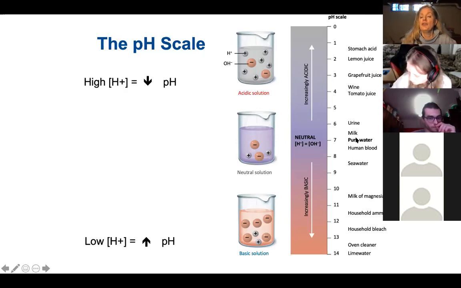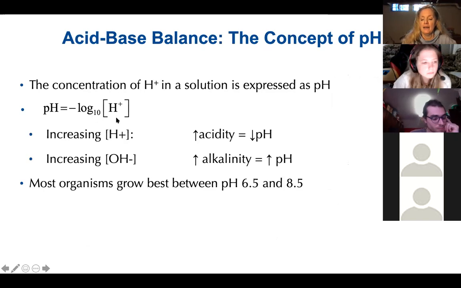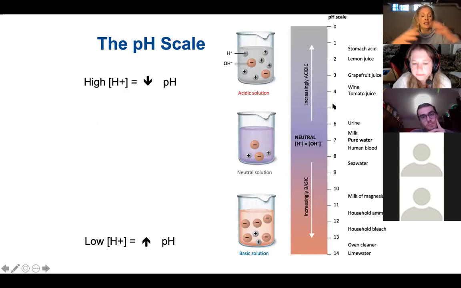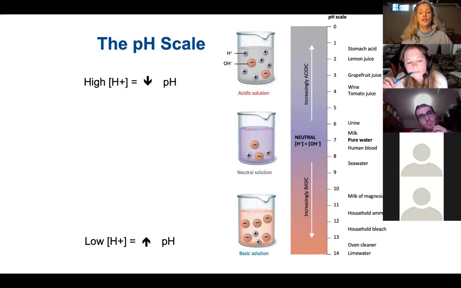So when we talk about the pH scale, that logarithmic scale of base 10, as you go on the pH scale 1 notch each time, it's changing kind of like the Richter scale, by 10. The difference between a pH of 1 and a pH of 2 is by 10.